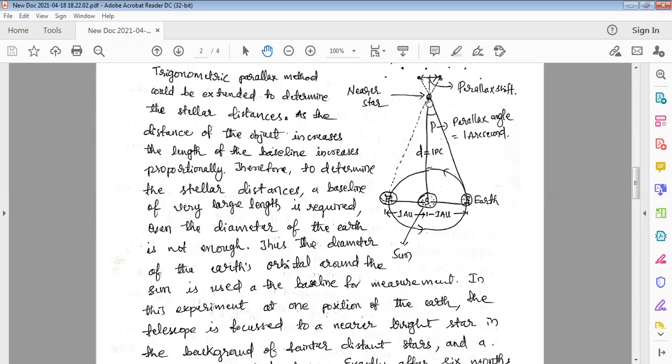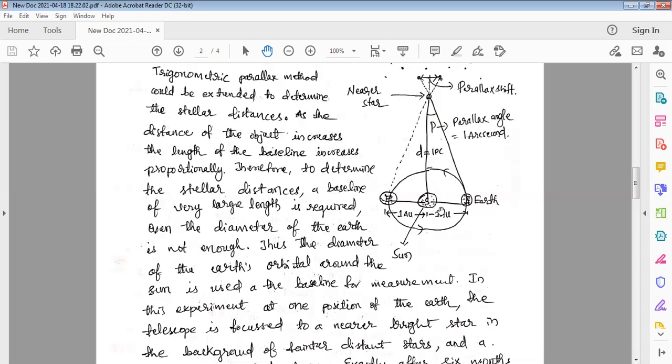And this distance, the distance between the Sun and this star, is to be determined, which I have taken as d. So this length of 1 astronomical unit subtends an angle P at the star, and this angle is called the parallax angle, which is measured or expressed in terms of arc seconds.